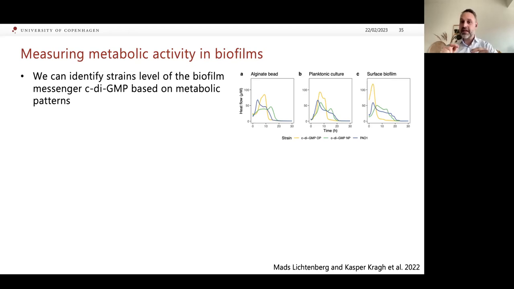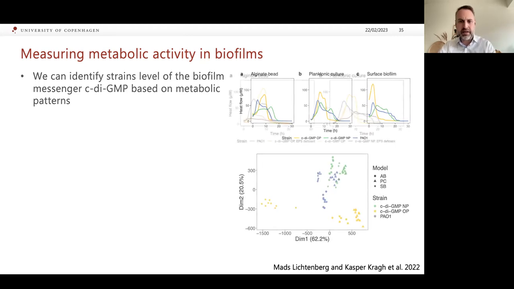And we could see that the spectrum in this model, especially in this alginate bead model, where we were forcing the bacteria together to be an aggregate, was completely different if they used a lot of cyclic di-GMP or didn't. And normally it's never been reported that cyclic di-GMP had anything to do with metabolism or growth, because people have been looking into growth, not metabolism. So there was no one saying that it controls anything with this.